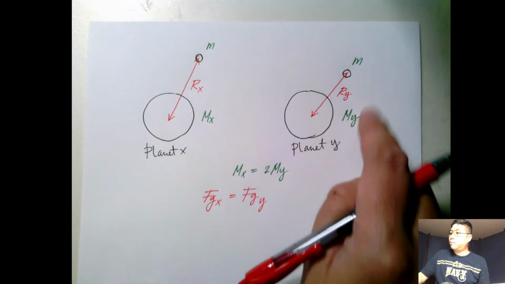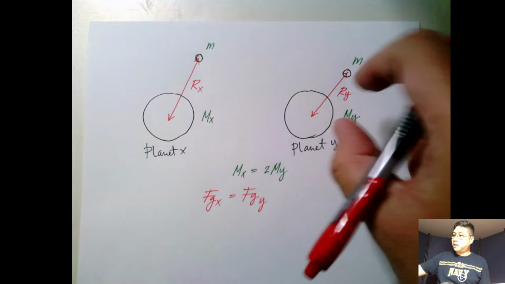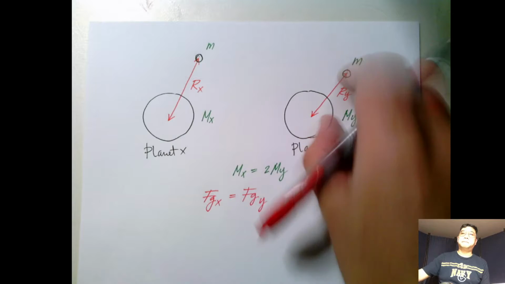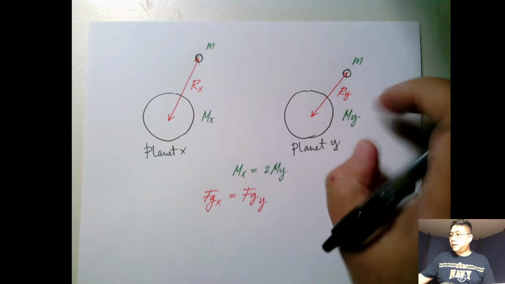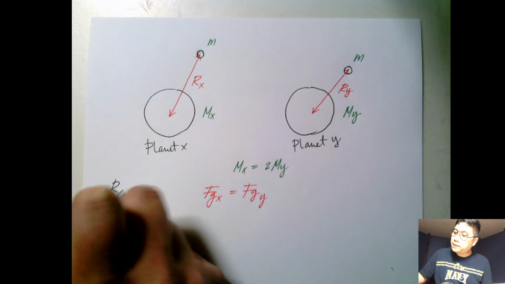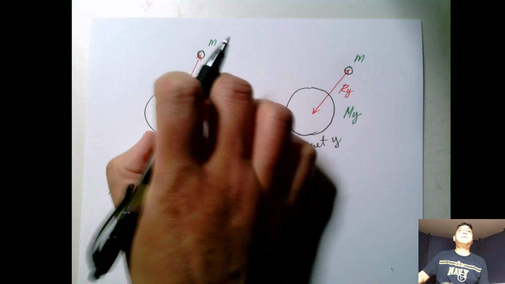Since we know the mass of Y is less than the mass of X, we can say that r of Y should be less than r of X, or the distance between planet X and the satellite should be greater than the distance between the satellite and planet Y. Or we can say r of X should be greater than r of Y, okay?